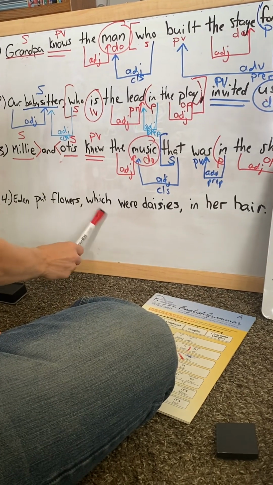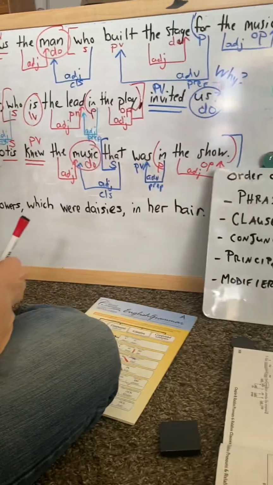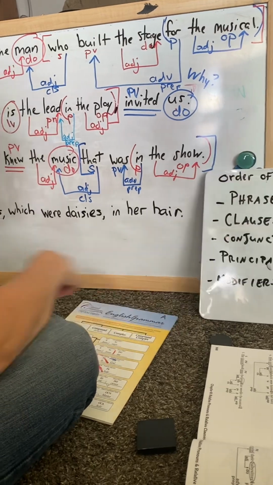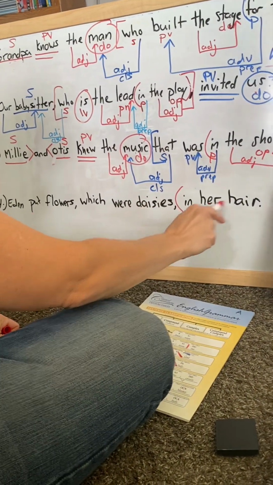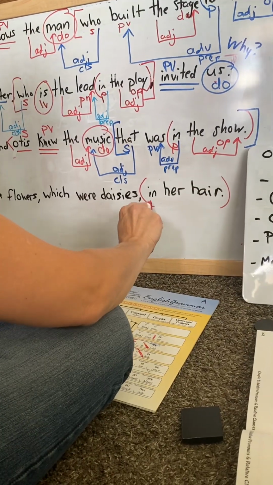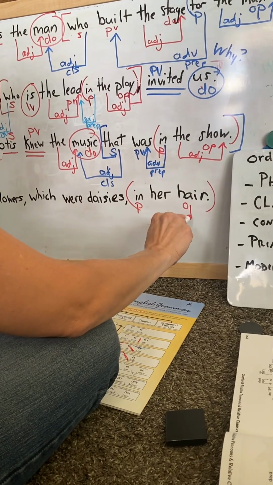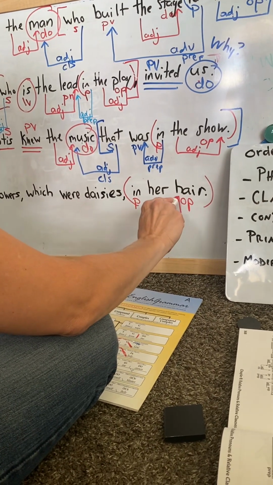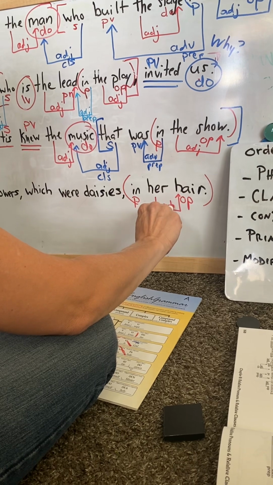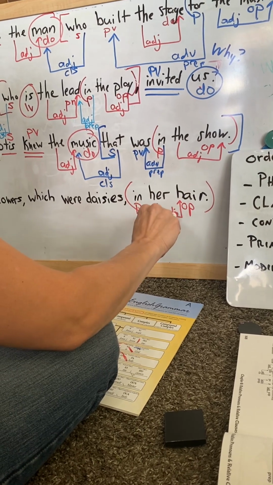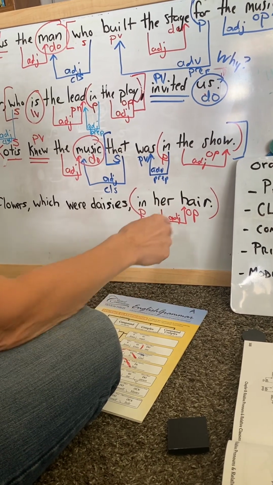Eden put flowers, which were daisies, in her hair. Prepositional phrases? I see one. In her hair. In is our preposition. Hair is our object of the preposition. Her is an adjective. It's saying whose hair? Her hair. It's a possessive adjective.